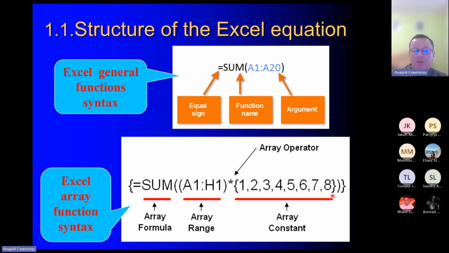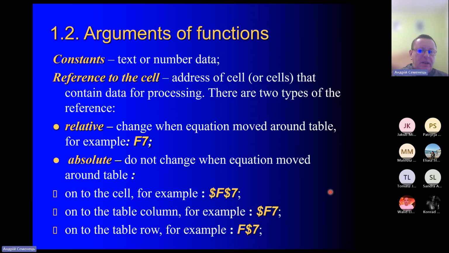In other respects, an array formula works very similarly to others. In this particular case, this formula will sum the given array range and then multiply each result by a corresponding constant depending on which row it is applied to. Okay, so again, recap: what could be arguments of a function: constants, references to cells, which in turn could be relative and absolute.